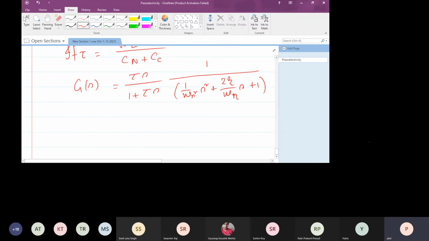And of course, the approximate model is a second order model. So this is about the receiver part. The transmitter will, of course, be similar; in the same fashion, the transmitter part also can be done.